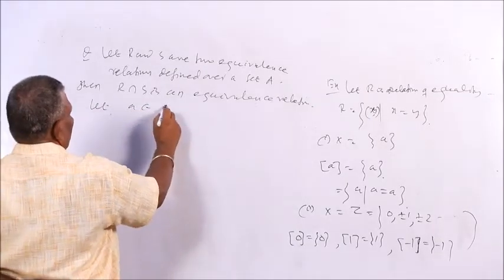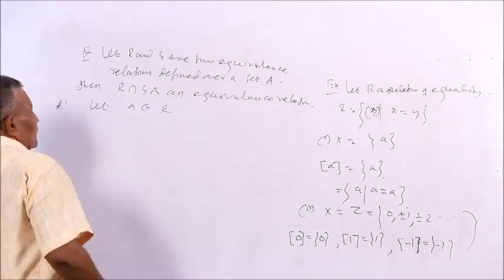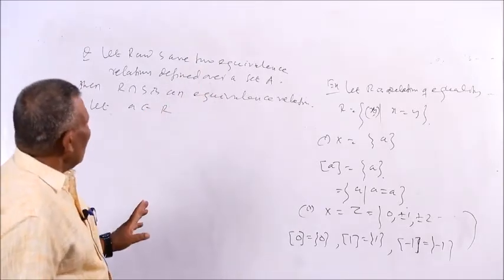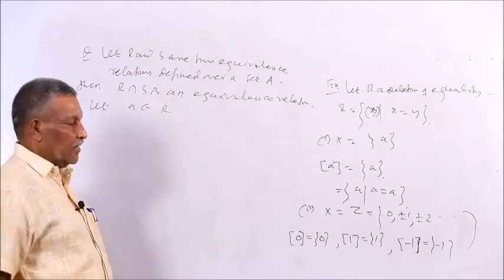Let a belong to A. Here R and S both are equivalence relations. That means R and S satisfy reflexive, symmetric and transitive properties.